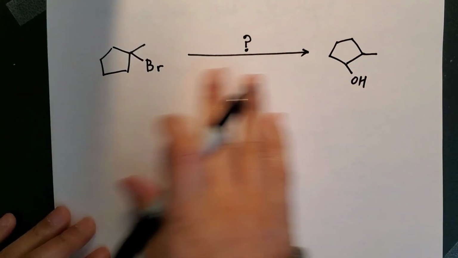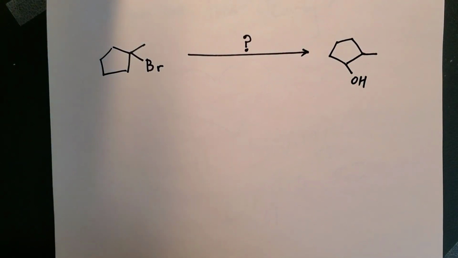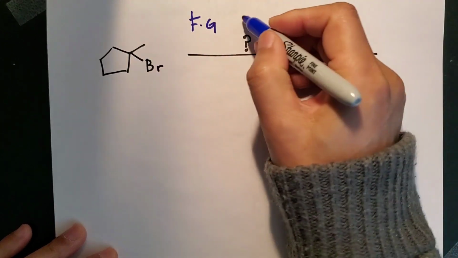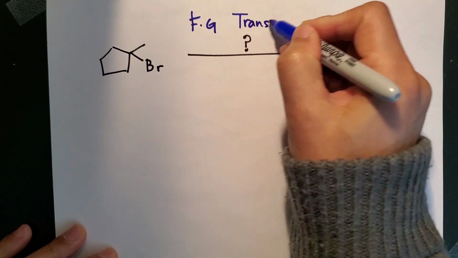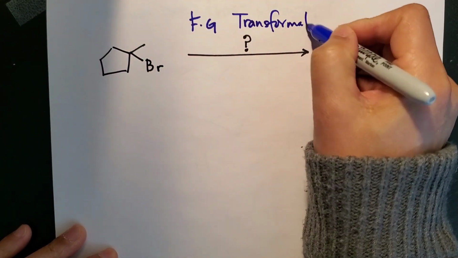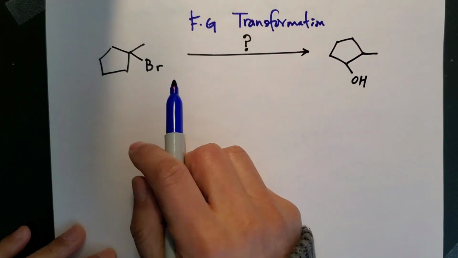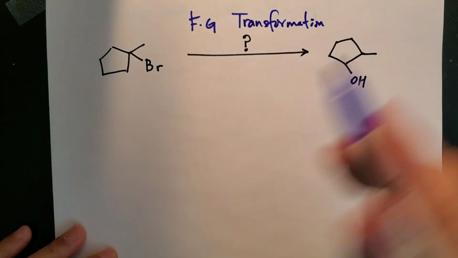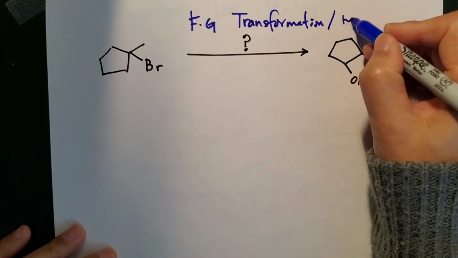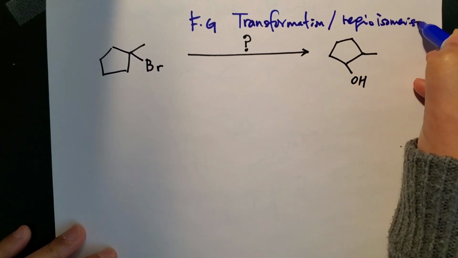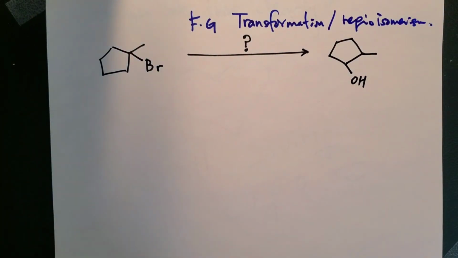I don't care in this case, right, about the stereochemistry, but only paying attention to the functional group transformation. So functional group changed, and also you have a regioisomerism that you need to pay attention.